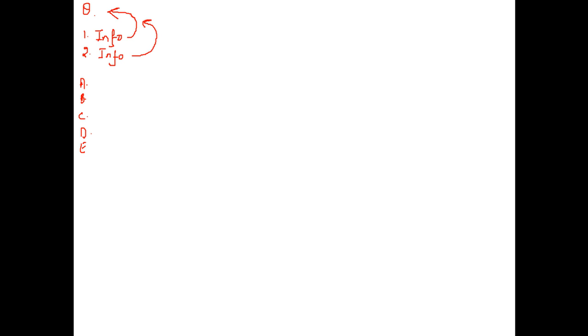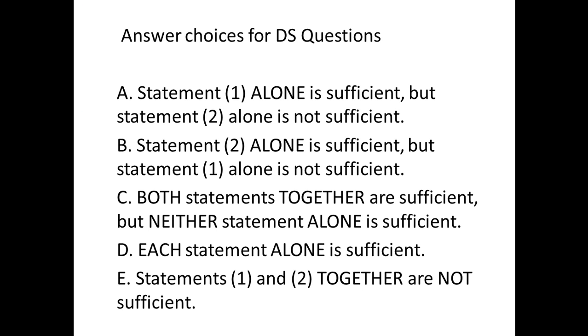Now the answer choices for each data sufficiency question are the same. Now let's look at these standardized answer choices. So these are the 5 answer choices for each data sufficiency question. Here option A says statement 1 alone is sufficient but statement 2 alone is not sufficient.